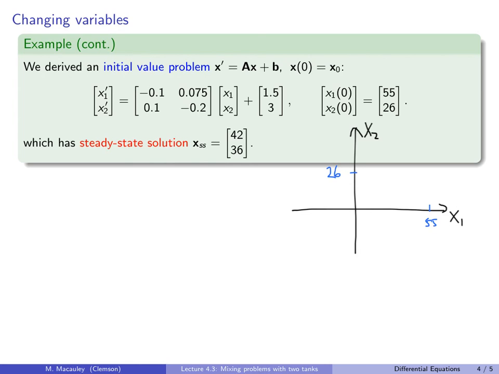So on the Cartesian coordinates, this is the point that represents 55 in tank A and 26 in tank B. Now, our steady state solution is 42, 36. Let me sketch about where that is. So this might be 42, and 36 might be up here. And so here is that steady state solution.